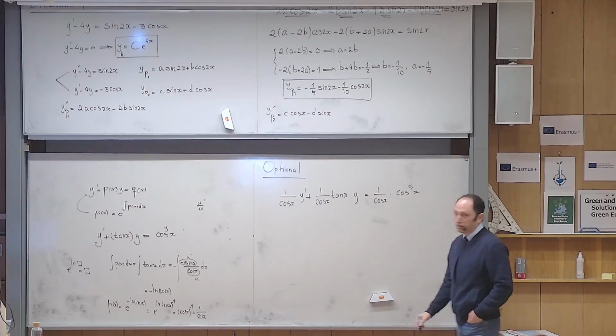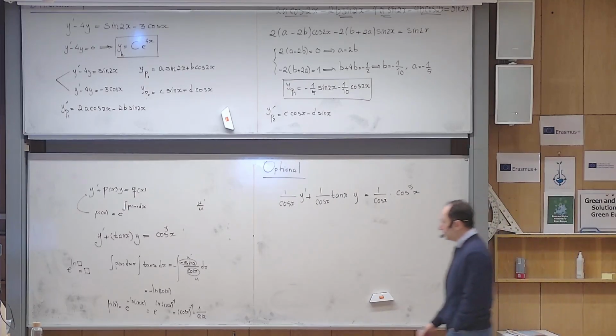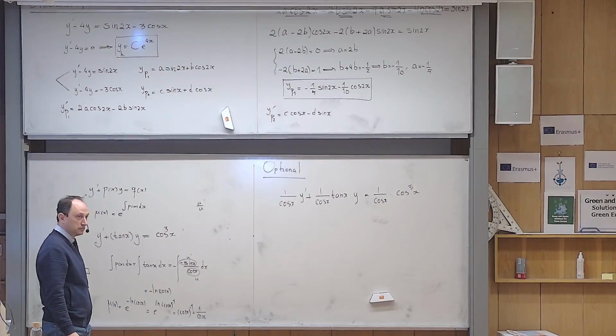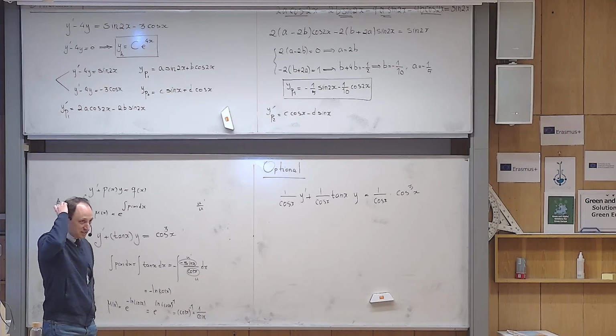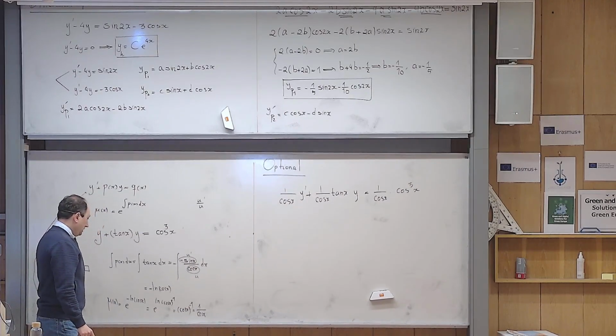Are you with me? About the u prime over u, I have that written down as that the answer is ln of the absolute value of u. No, absolute value is better. What should I do with that?